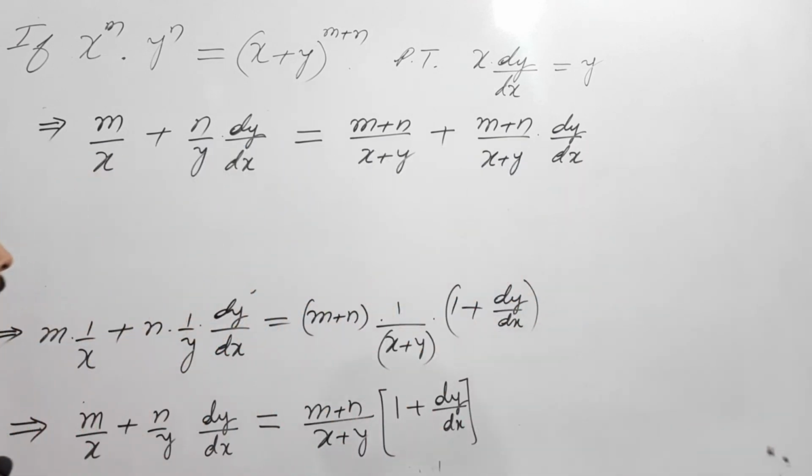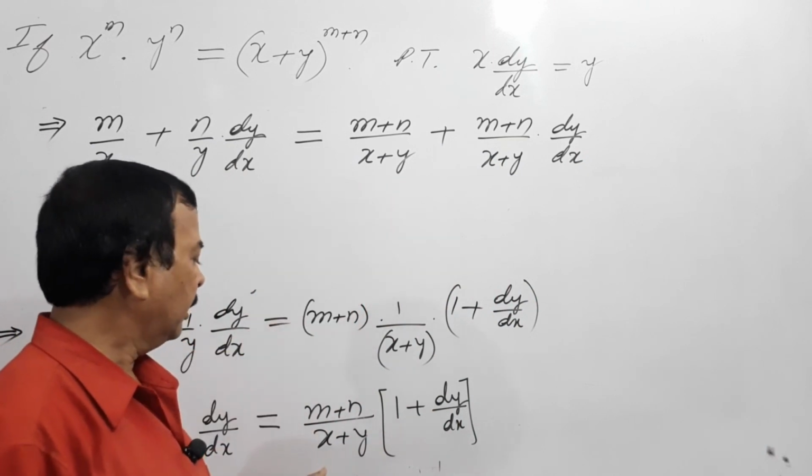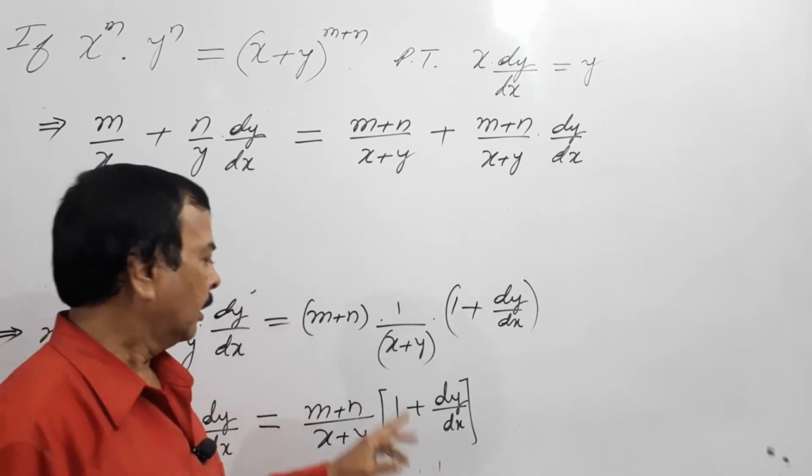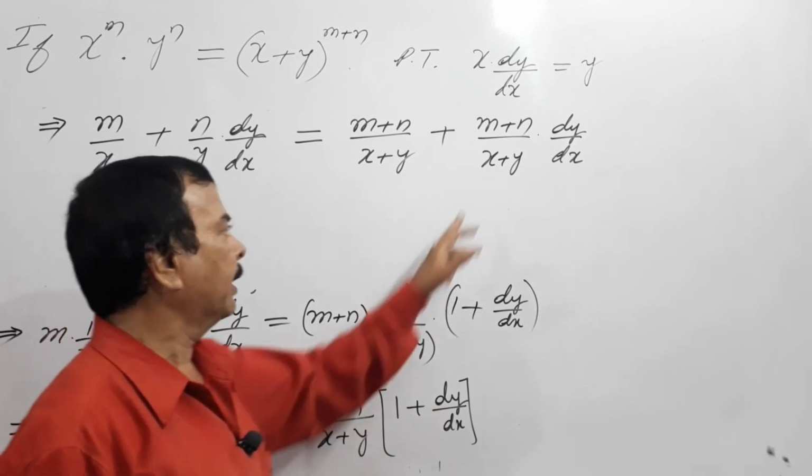What I have done is multiplied this into 1. We got this (m plus n) by (x plus y) plus (m plus n) divided by (x plus y) into dy by dx.